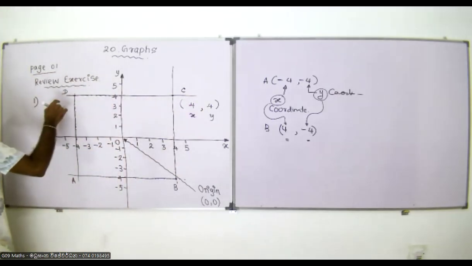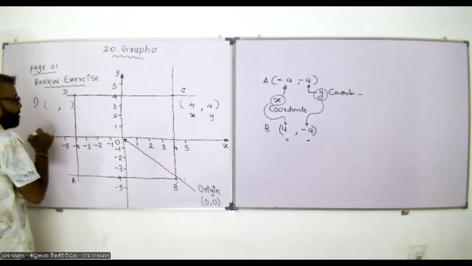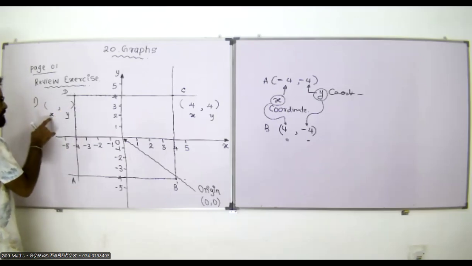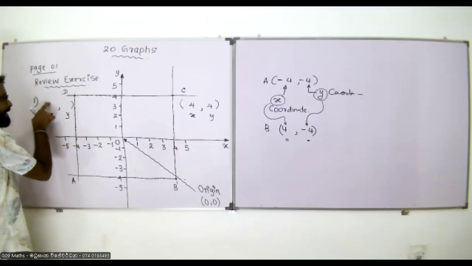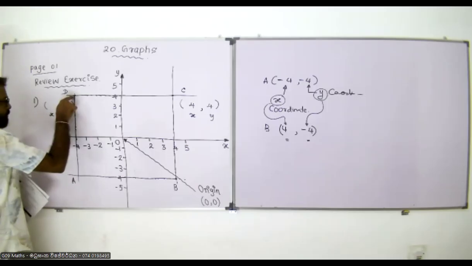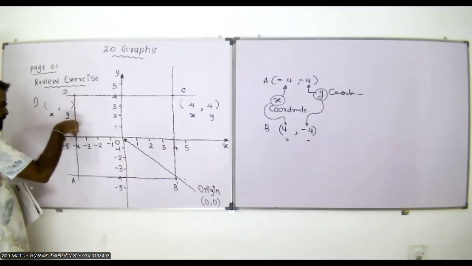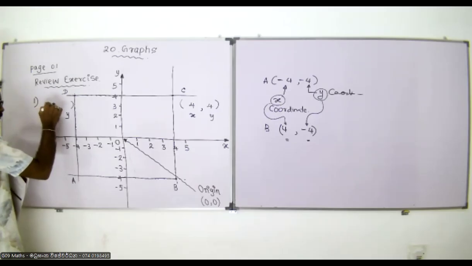When it comes to D, you have to do the same thing. I am putting these things for your knowledge, for you to understand what we are doing here. Here you should have the x coordinate, and here the y coordinate. How to find the x coordinate? This is point D. Come down until you meet the x-axis: the x coordinate is -4.